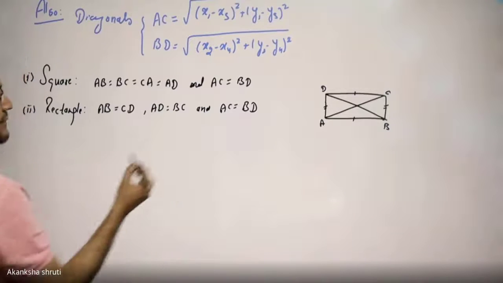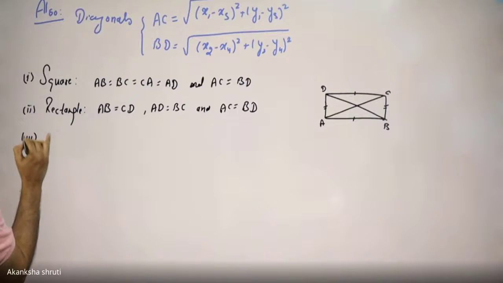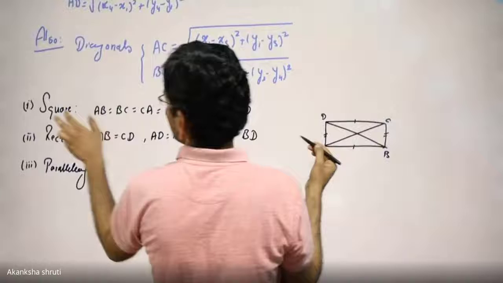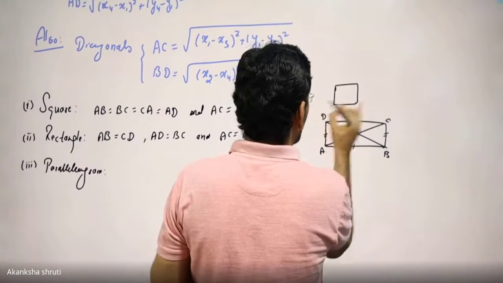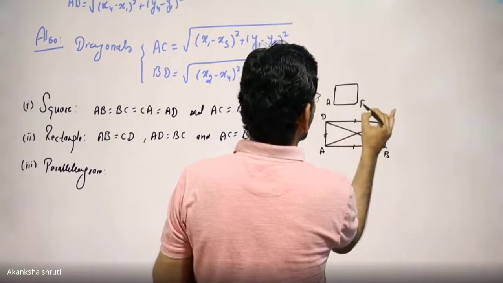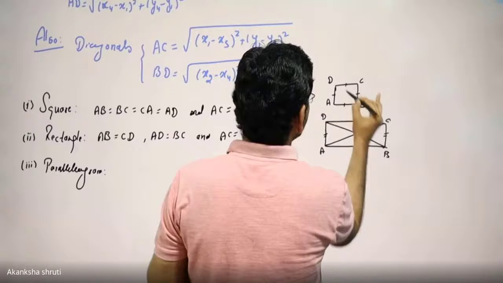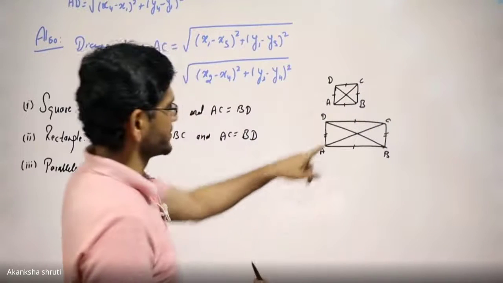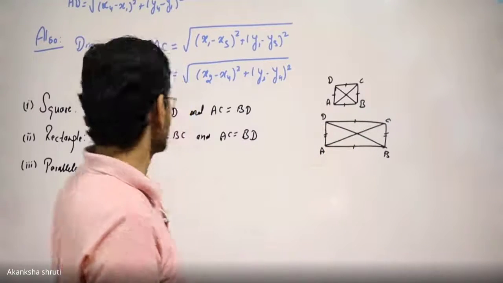Students, it can be a parallelogram. What is the difference between the rectangle and parallelogram? We have just learned this can be called a square ABCD only if all four side lengths are equal and the diagonals are also equal. This was the first. For a rectangle, the pairs of opposite sides are equal, diagonals are also equal.